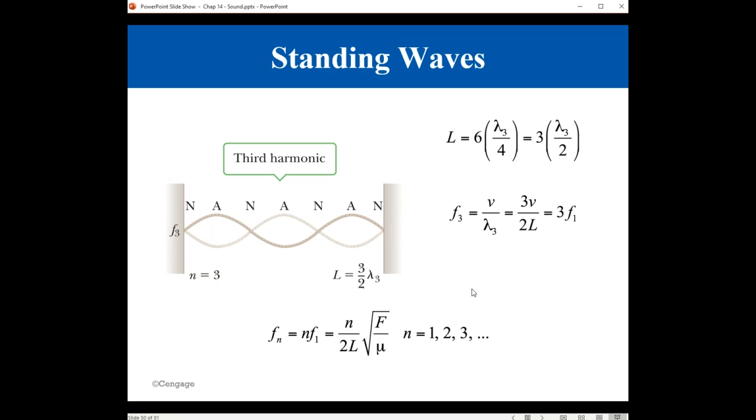So in general, for the nth harmonic, we have Fn equal to n multiplied by the fundamental frequency, F1. So you just multiply n by the equation for the fundamental frequency, 1 over 2L square root F over mu. N is an integer.